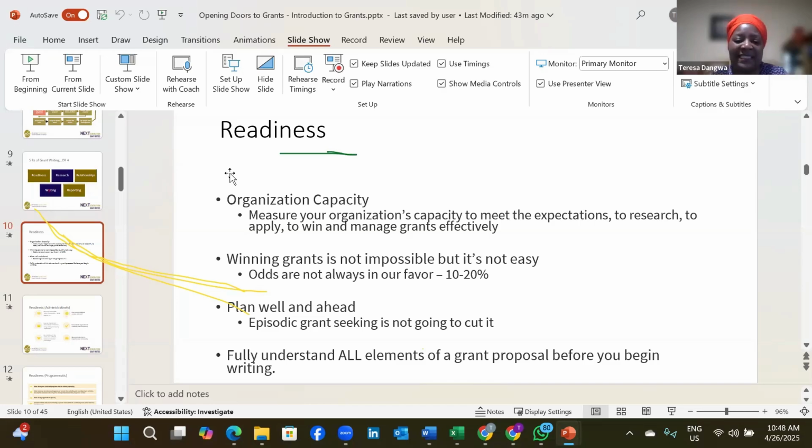Plan well and ahead. Episodic grant seeking is not going to cut it. For example, you don't say we want to start a soccer program for our children, and all of a sudden you are looking for money, knowing the children are going to be off school next month.